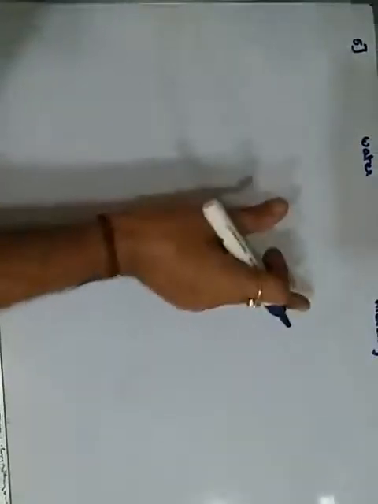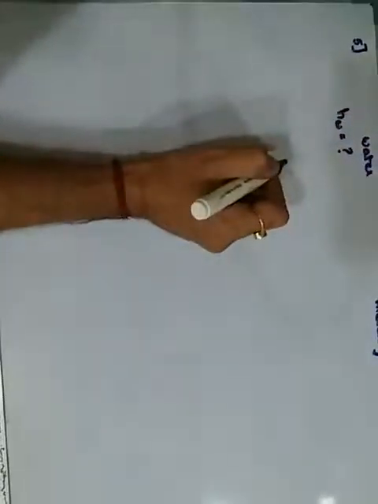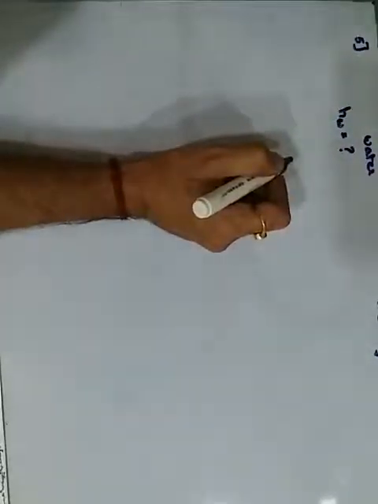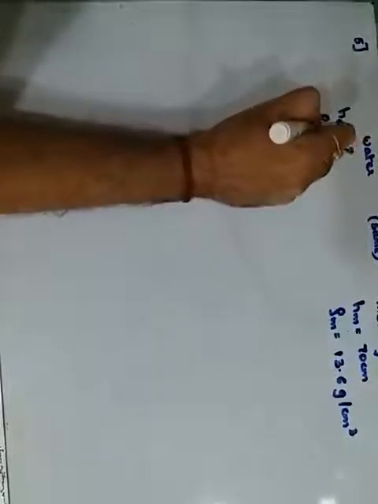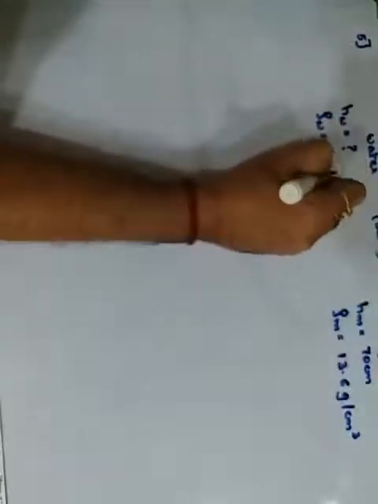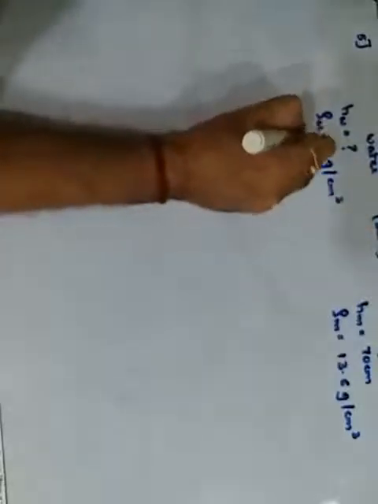Both are filled inside a column, inside a tube, and the pressure exerted is equal, but with the data of both, that is, calculate the height of water which will exert on the base the same pressure. The pressure is same. Here I am just mentioning same pressure P, the height of mercury is 70 centimeter, and the density of mercury is given to be 13.6 grams per centimeter cube. And we know that density of water in CGS unit is 1 gram per centimeter cube, and g remains the same.